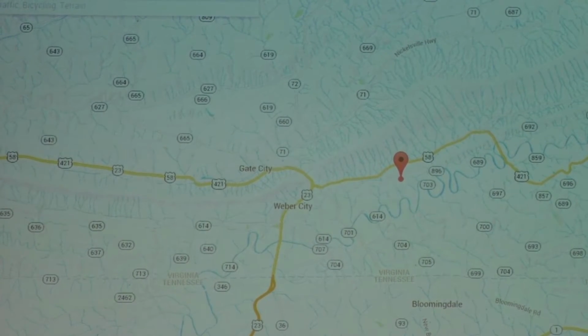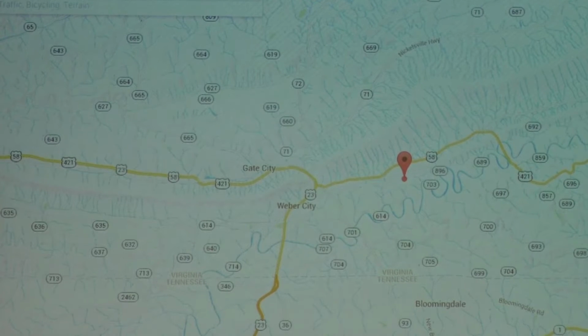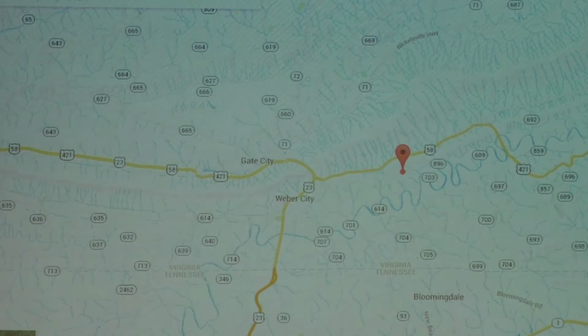Now, it would depend on the time frame, and it would also depend on where these people thought the big town was. If they were going to the county seat, Gate City, they may have been living close enough to Virginia, or in Virginia, that they would have gone one place, and if they lived across the line in Tennessee, they may have gone someplace else.